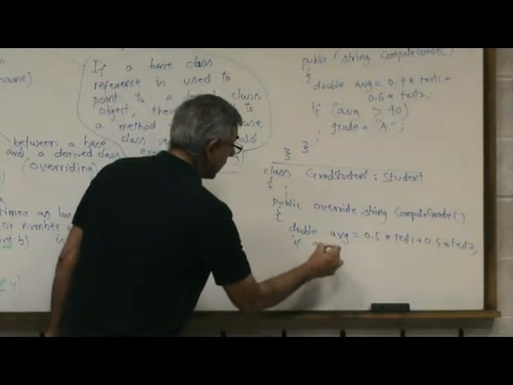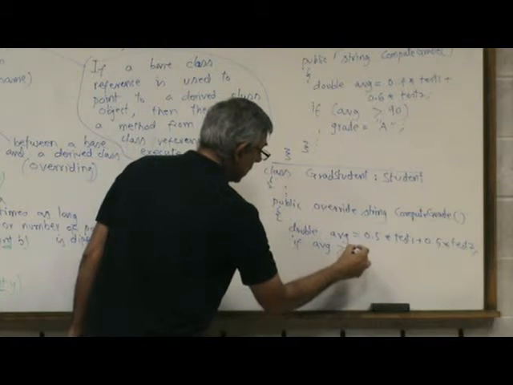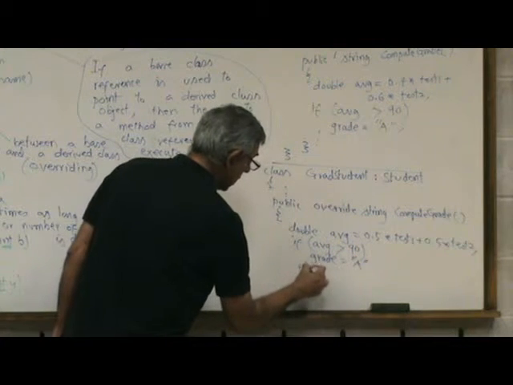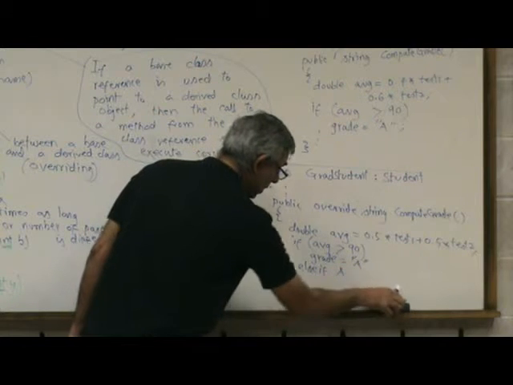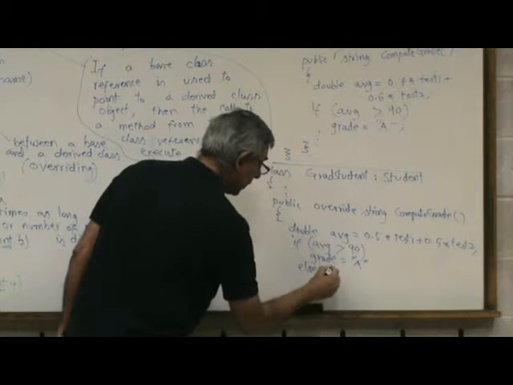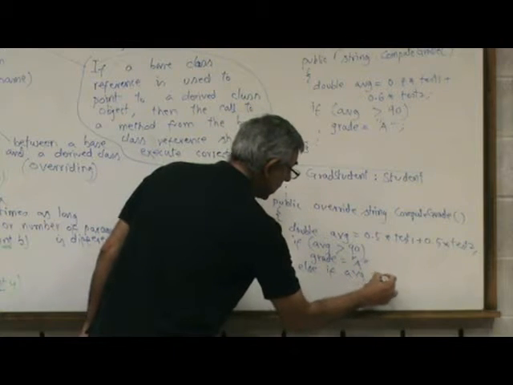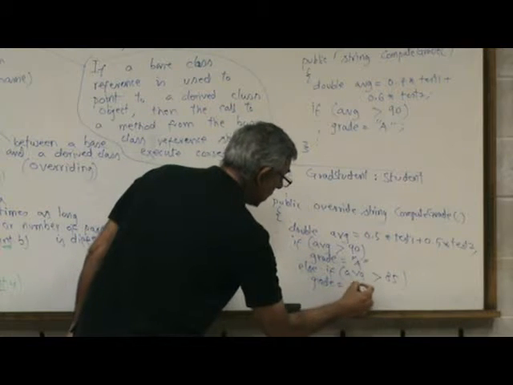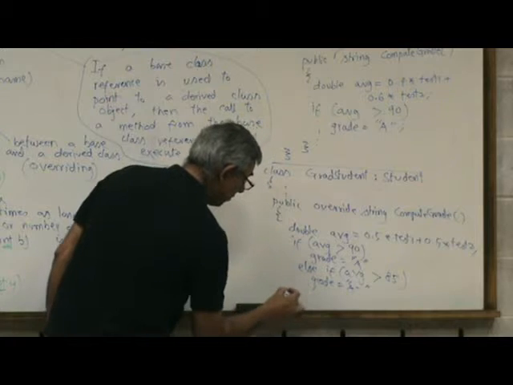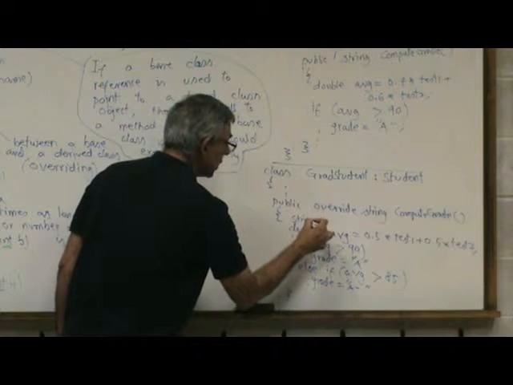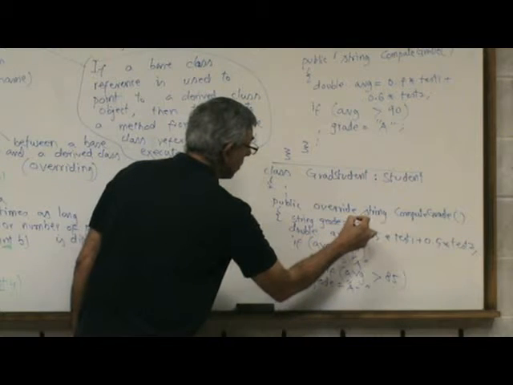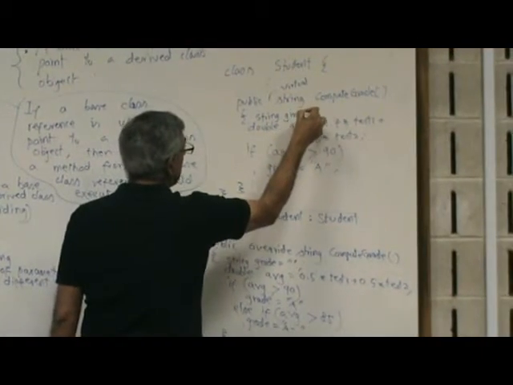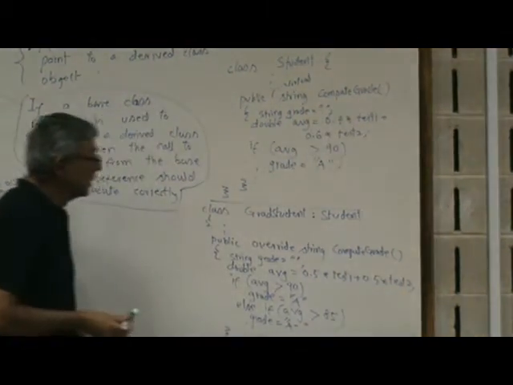And then if AVG is greater than 90, grade equal to A, else if, let's say, AVG is greater than 85, let's say grade equal to A minus, and so on. And assume you have already declared string grade equal to blank, and over here string grade equal to blank.